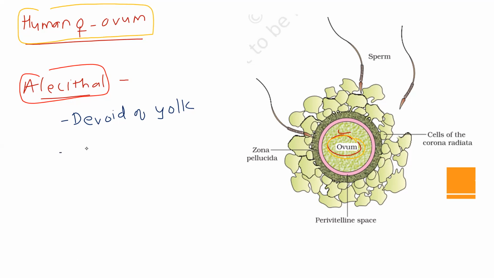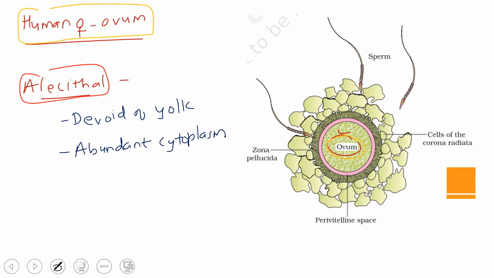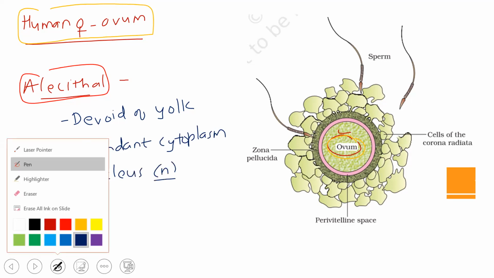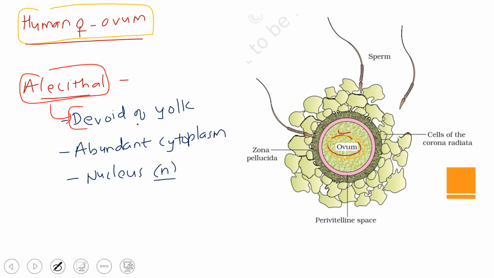Then there is abundant cytoplasm. The human ovum has abundant cytoplasm, and obviously it will have a nucleus. So remember, this is devoid of yolk, so we call it alecithal.